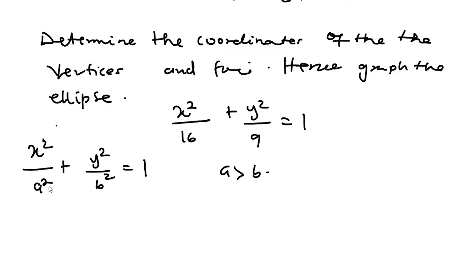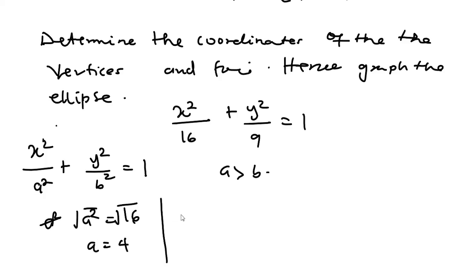So when it's in this form, it means that it is a horizontal ellipse. Now by comparison, our a squared will be equal to 16. So we have the root of this, then our a is 4.